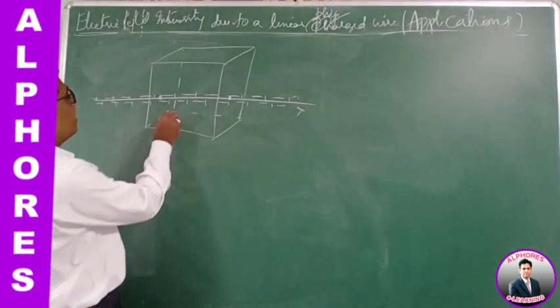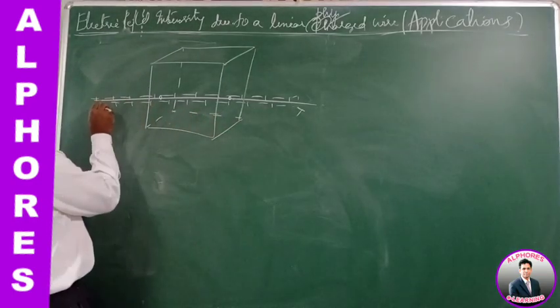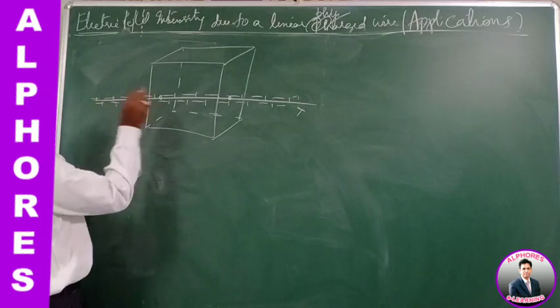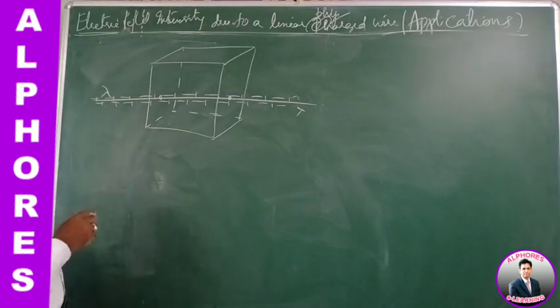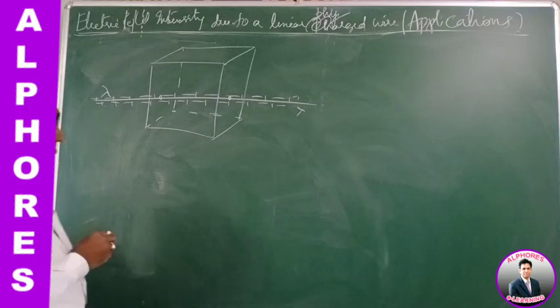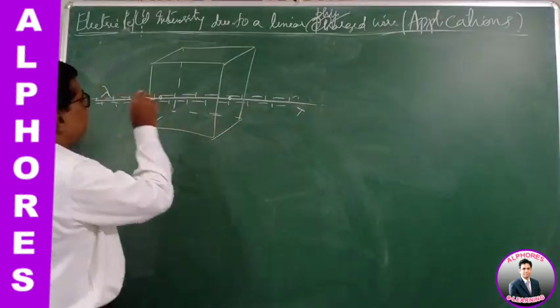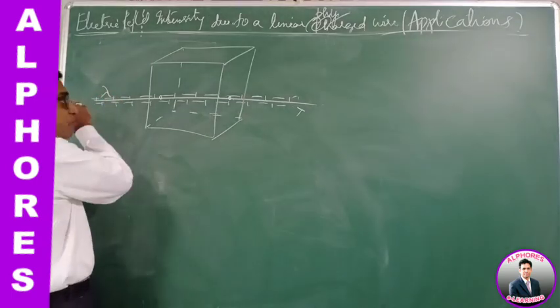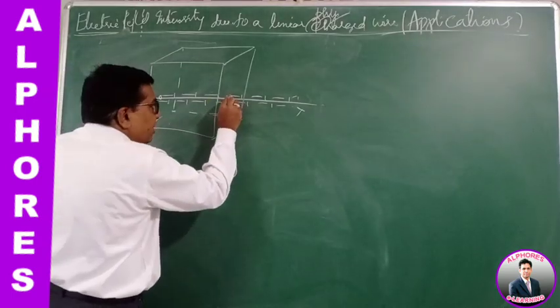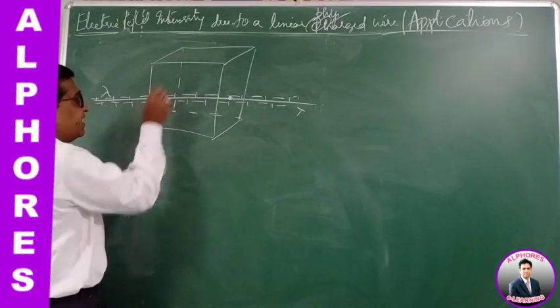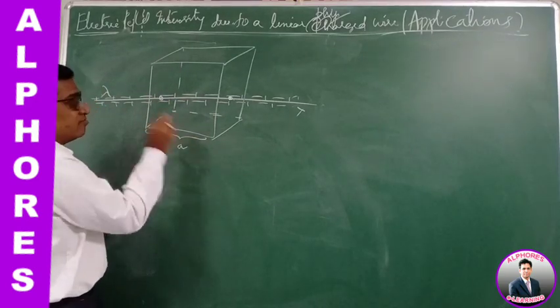So I am imagining an infinitely long, uniformly charged linear conductor of linear charge density lambda, passing through the midpoints of opposite sides of a cube of side A.